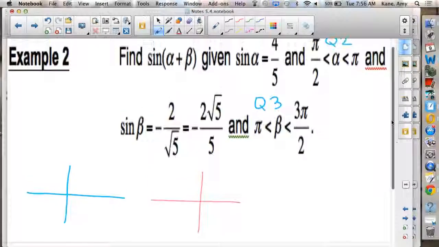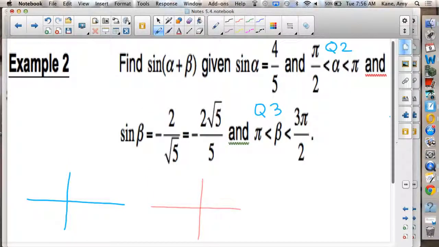So for angle A, it's in quadrant 2, so I'll make a diagram in quadrant 2. And we know that the sine of angle A, or alpha, is 4 over 5. So Ingrid, how would we label the triangle based off the sine of angle A being 4/5?